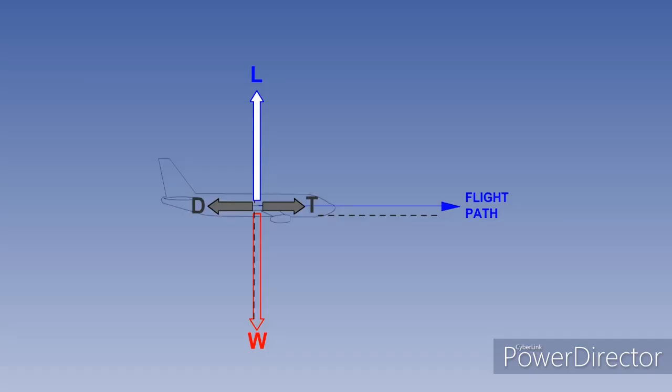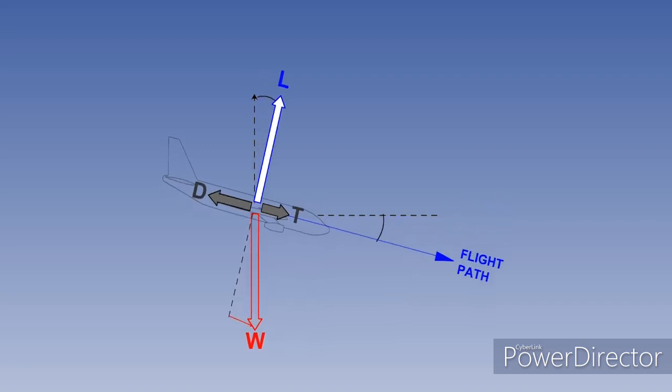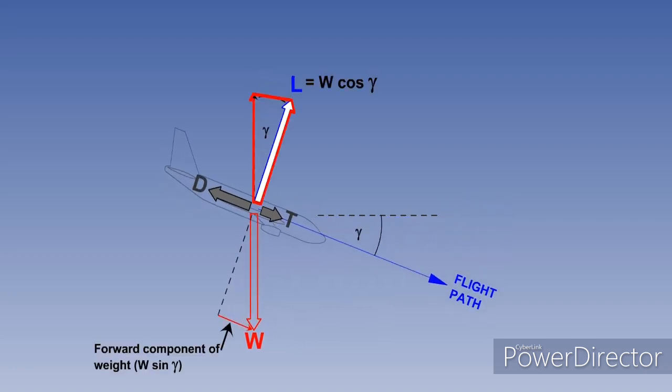In a descent, the disposition of the four forces, lift, weight, thrust and drag, will depend on how much power is used, but in all cases the lift vector is inclined forwards with the aircraft in a nose-down attitude. And the weight vector, as in the climb, can be split into two components.